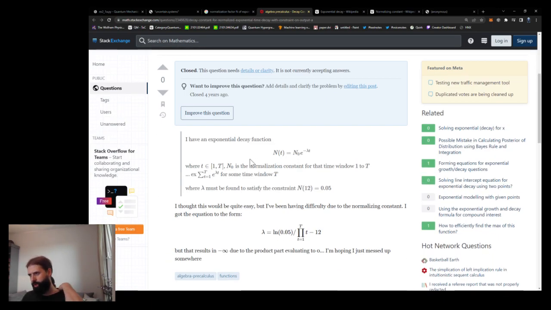I have an exponential decay function. So that is actually where t is time, and this is the normalization constant for that time window. Once they found to satisfy the constant. Okay, whatever.